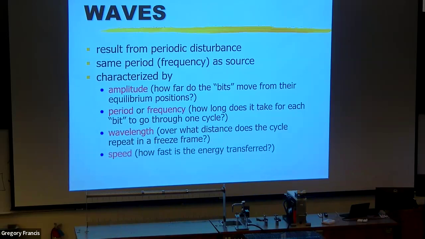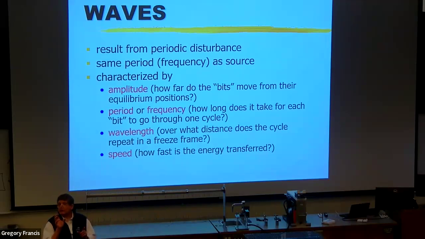And then the speed. It should not surprise you that since a wave is just a collection of pulses, whatever speed those pulses are going, that's also the speed of the wave. Okay, so the formula that we came up with for transverse pulses is also the formula for transverse waves. And if I have, let's talk about sound.